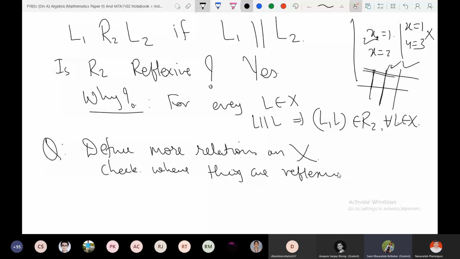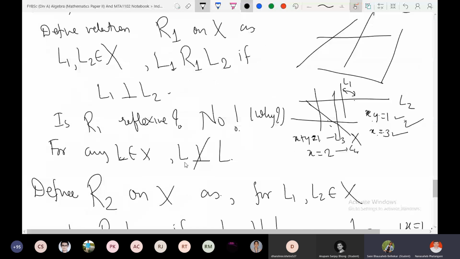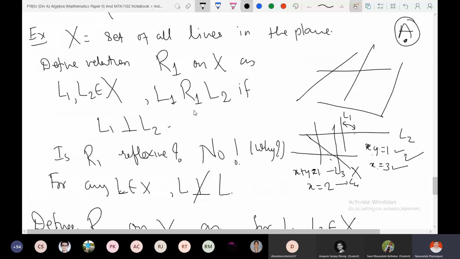In perpendicular, we can't say that lines are reflexive. Lines are not reflexive; the relation is reflexive or not. Oh, sorry, the relation is not reflexive. See, first, the relation R1 is not reflexive. Why? Because you choose any line. Suppose set X is a bag containing all the lines.